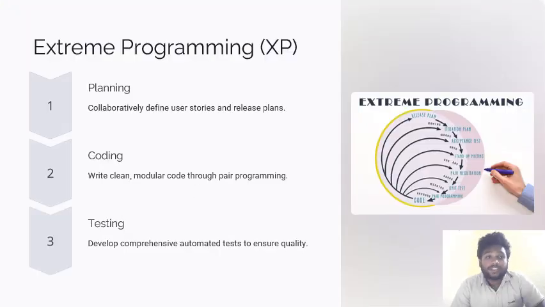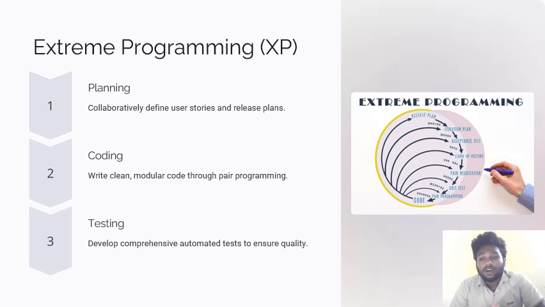Now let us see what extreme programming is, which we can also call XP. It follows three steps: planning, coding, and testing. Planning means collaboratively defining user stories and a release plan. That means we should plan with the client and know what the problem is, what the reason is, and what should be developed.